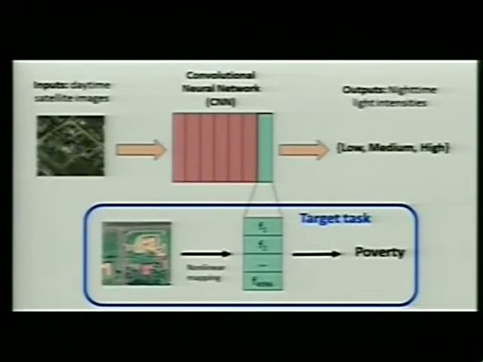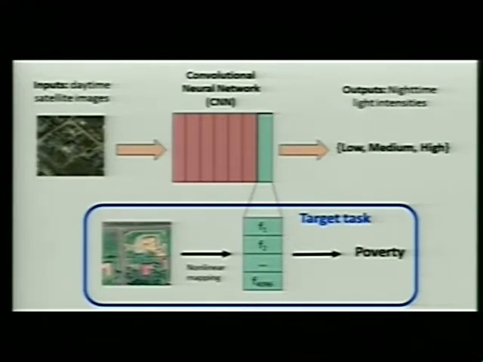This is just a diagram showing how the whole pipeline works. We have input daytime satellite images on the left. These are high-resolution satellite images. In our project, we use satellite images with 2.4 meter ground resolution. Each of these images is labeled with a nighttime light intensity class. We have 3 classes of nighttime light intensities: low, medium, and high.